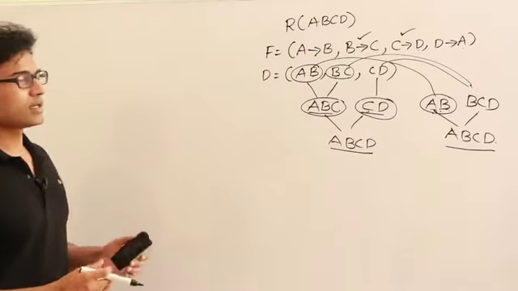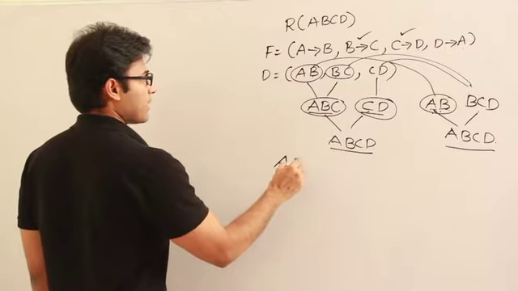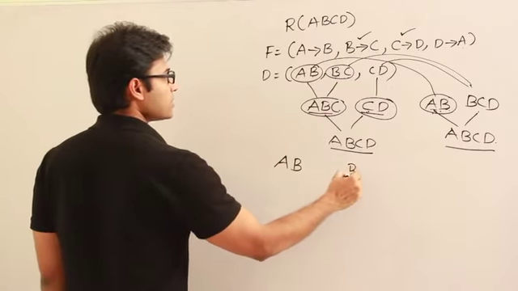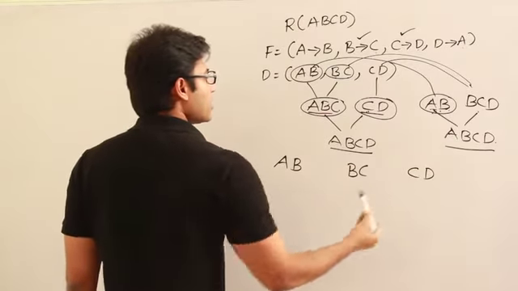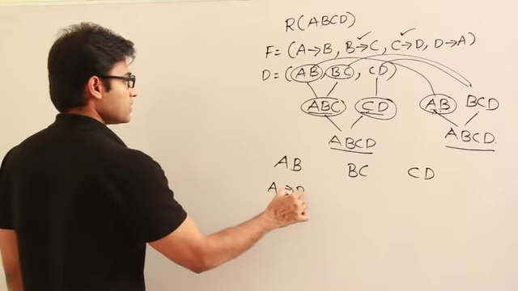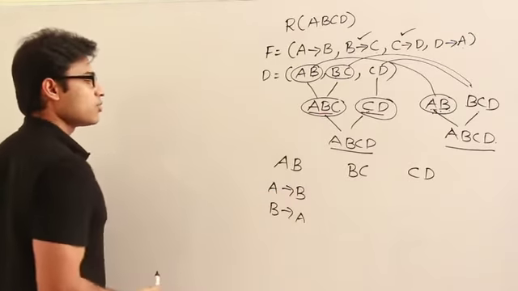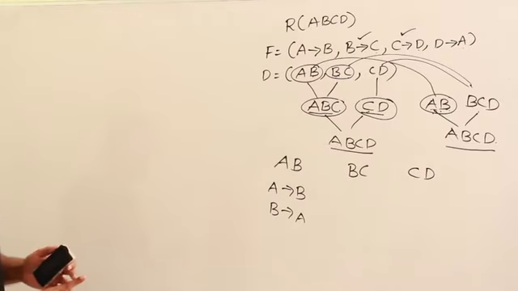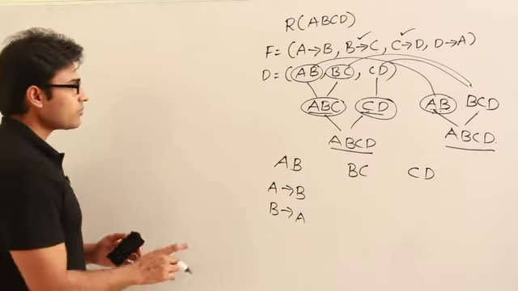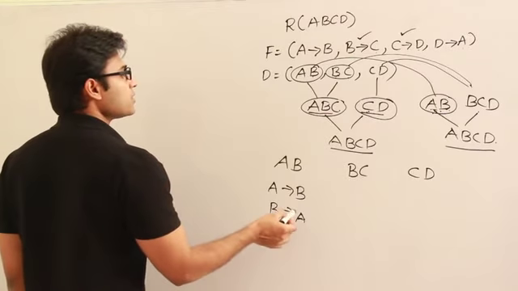Now what about the dependency preserving? So let's observe this. Is it preserving all the dependencies or not? Let's see what are all the dependencies that we can get on them. So one is A determines B and B determines A. These two are non-trivial dependencies which are possible on this. Let's see if this is true or not. A determines B, yes, it is true. What about B determines A? Is it true on this?